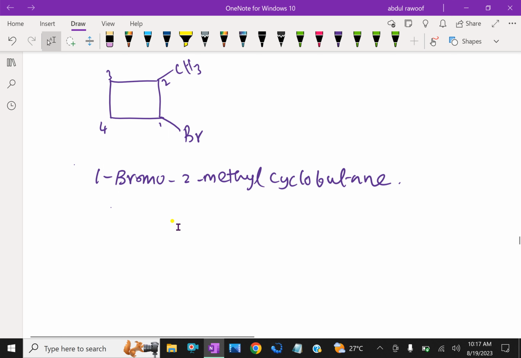These are IUPAC names of some cycloalkanes.